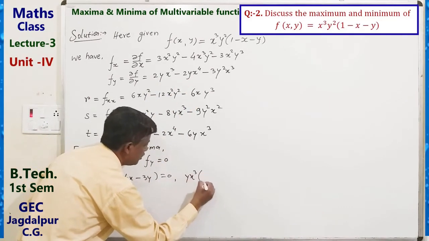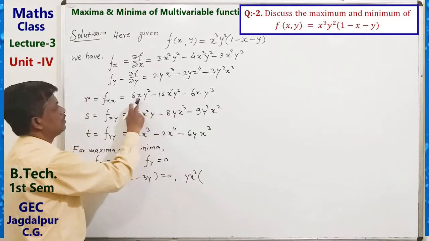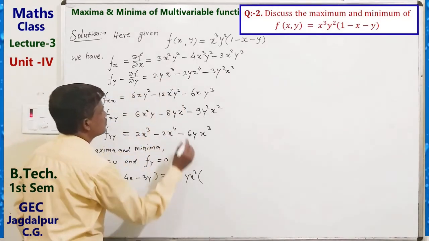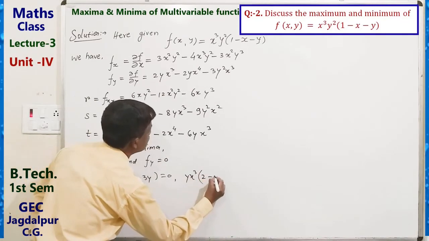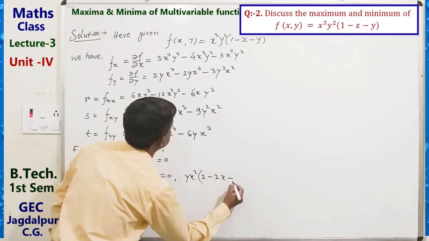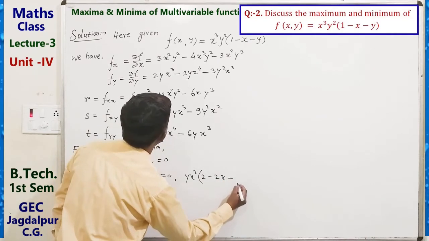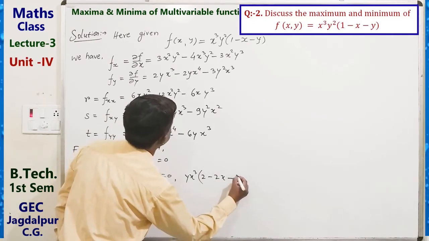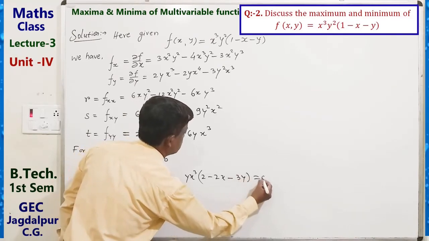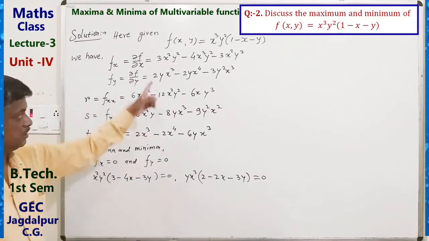So 2 minus 2x minus 3y equals 0. Just we get like this.